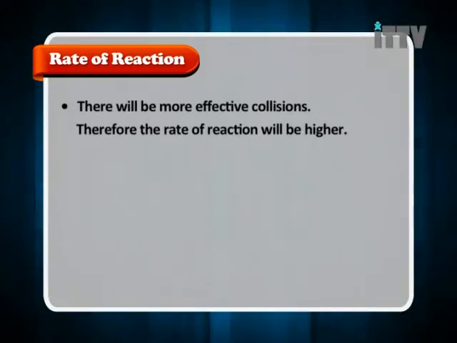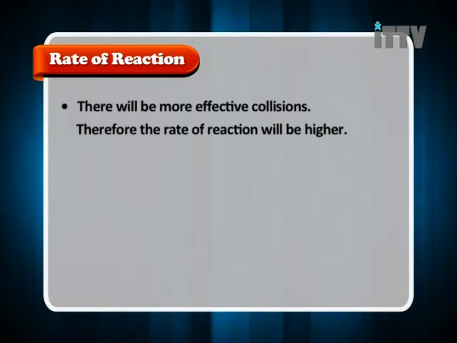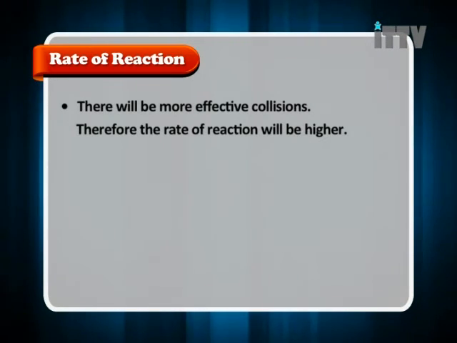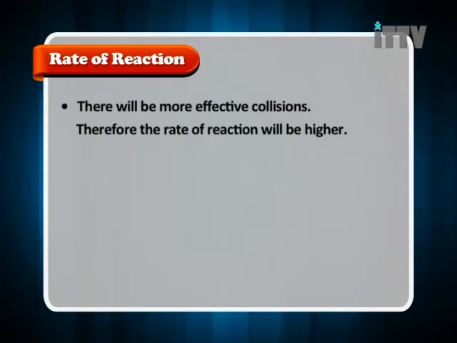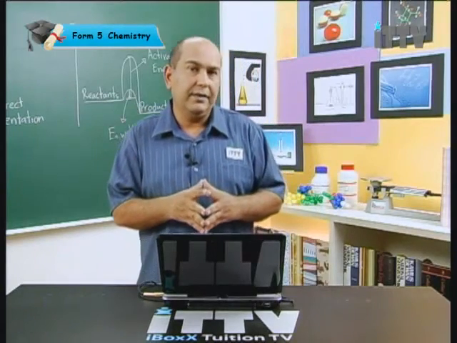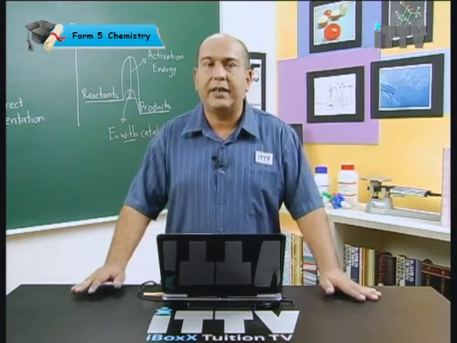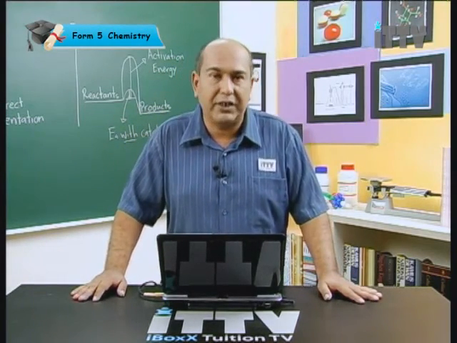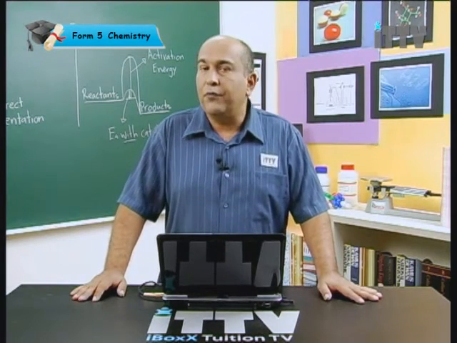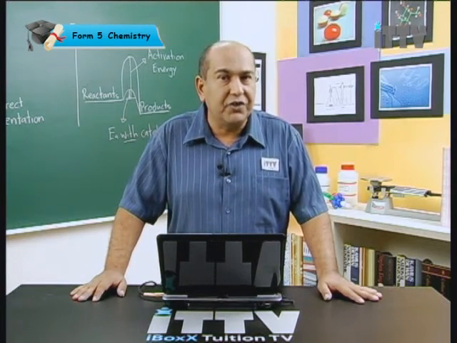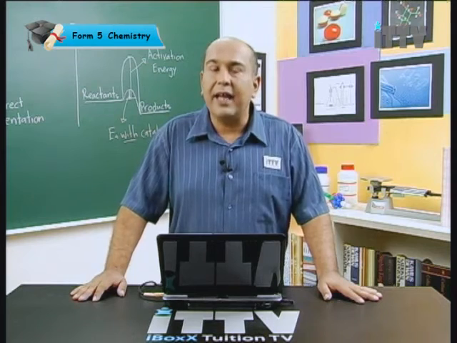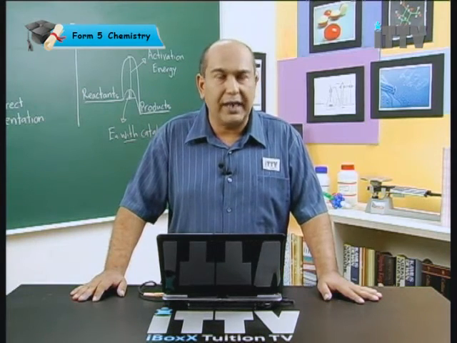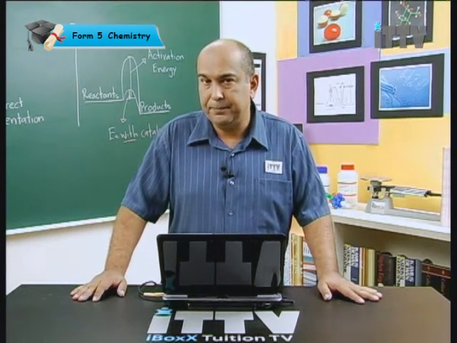So, there will be more effective collisions, therefore the rate of reaction will be higher. So remember what a catalyst does. The catalyst lowers the activation energy by providing an alternative reaction pathway. Your frequency of effective collisions will increase. Therefore, your rate of reaction will be higher.